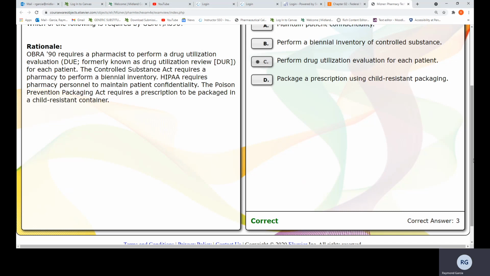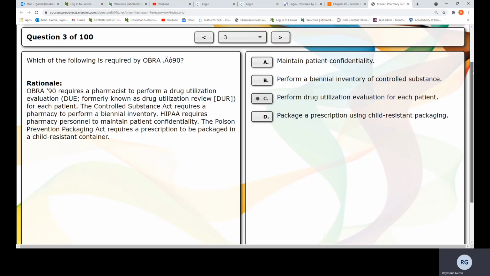HIPAA requires pharmacy personnel to maintain patient confidentiality. And the Poison Prevention Packaging Act requires a prescription to be packaged in a child-resistant container. So that's why you should be familiar with all your laws and acts.